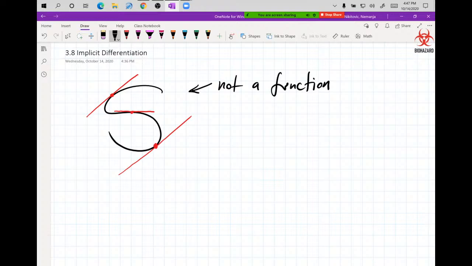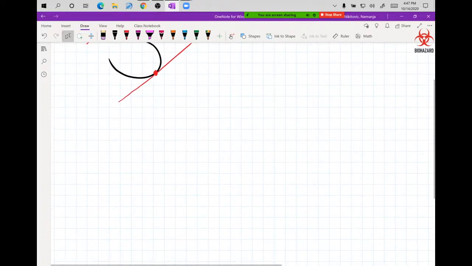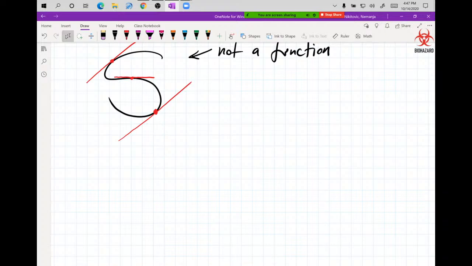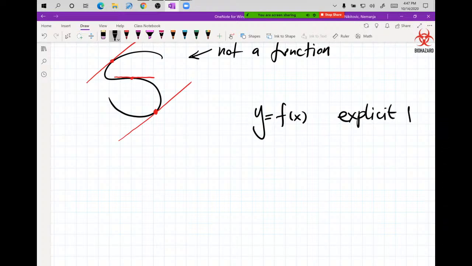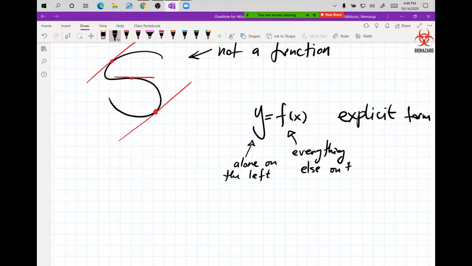But before we go into that, let's talk about implicit and explicit form to write a function or to write an expression. So far in mathematics, you are used to y equals f of x. This is known as explicit form. Y alone on the left, everything else on the right.